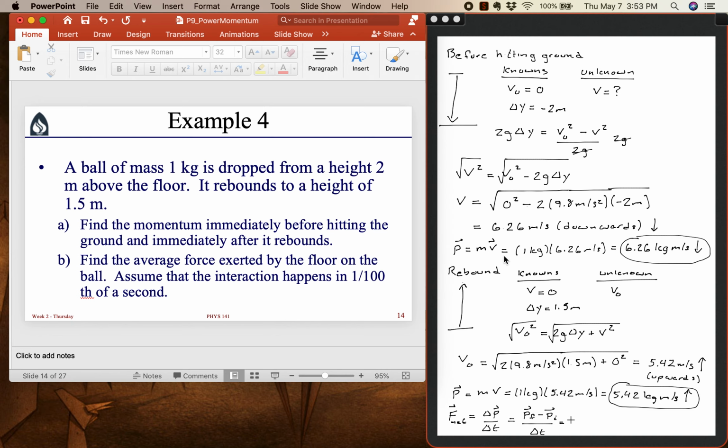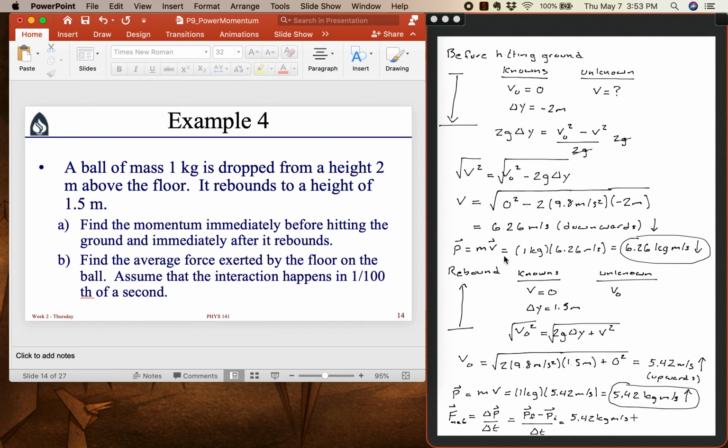In this case, the final momentum is 5.42 kilograms meters per second. That's the momentum after the ball touches the floor, and it's in the upward direction. It's a positive y direction momentum.